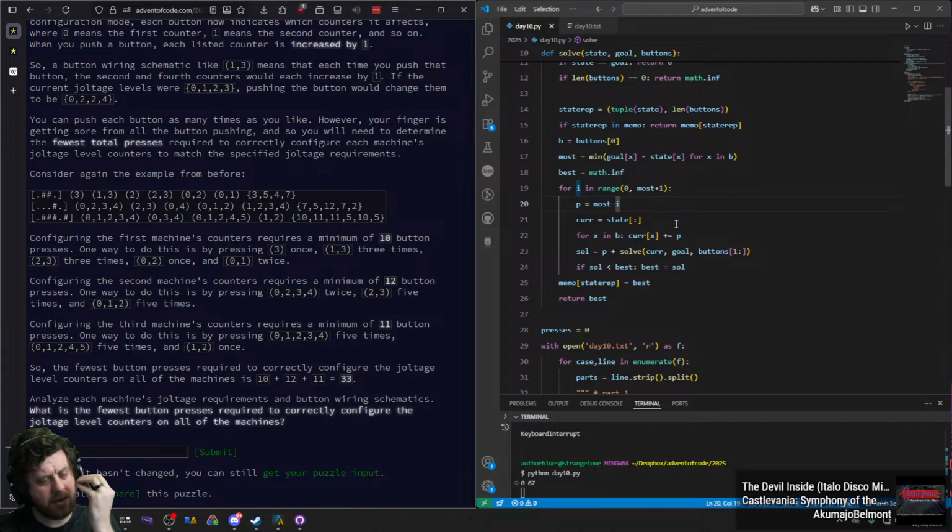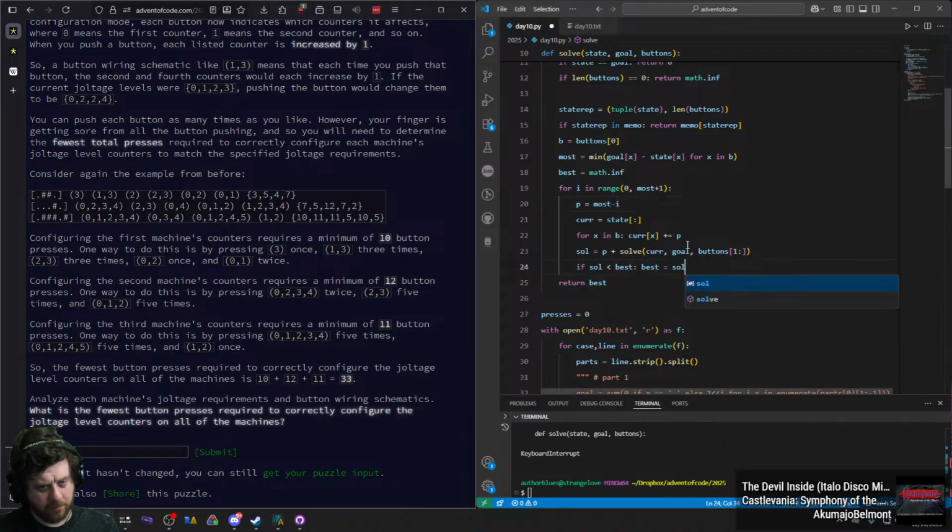I'm missing a key observation here. There is an observation that I'm missing that makes a dynamic programming solution work. I'm not seeing it right now. Yeah, this memoization thing slowed it down.